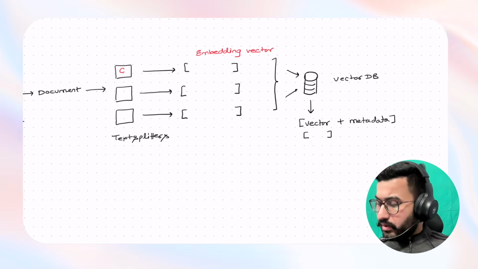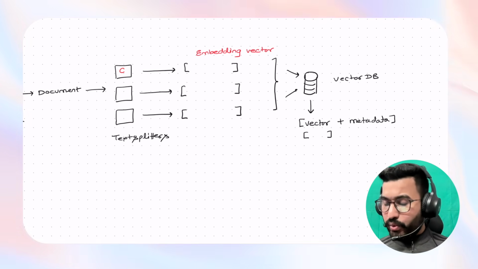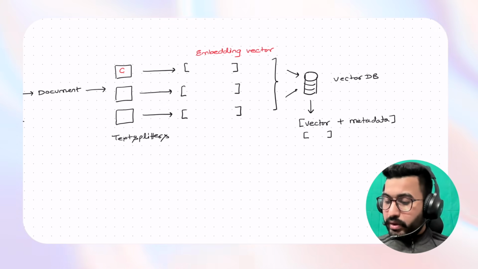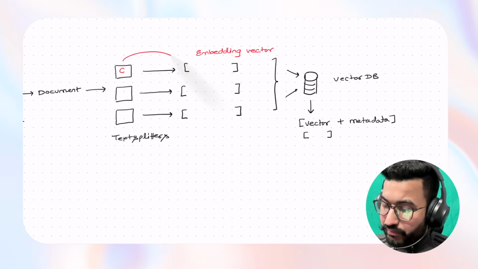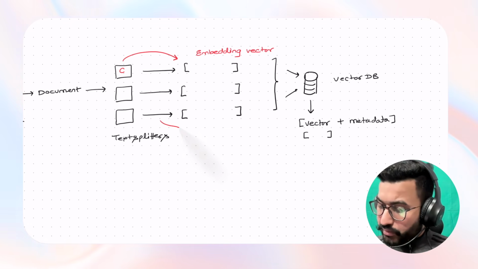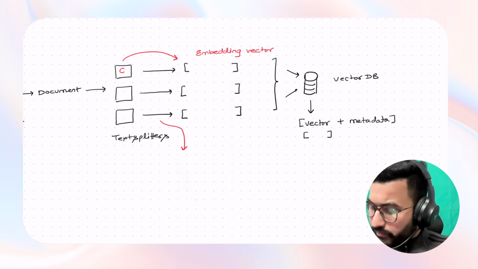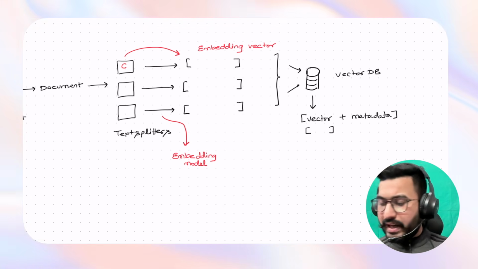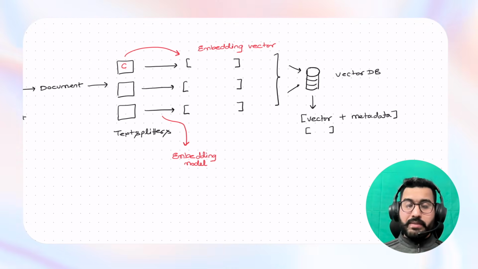I hope you remember that in the first or the second video, I told you that you do not need to worry about how this chunk will be converted into the embedding vector. Here we can use the embedding models. And I think we have used the OpenAI embedding model.